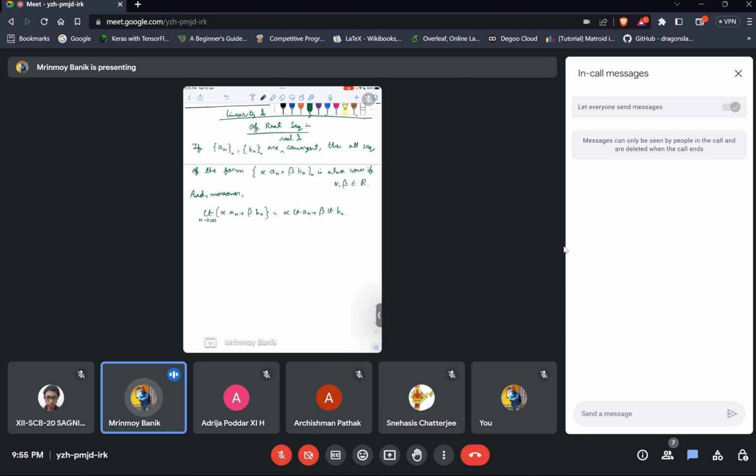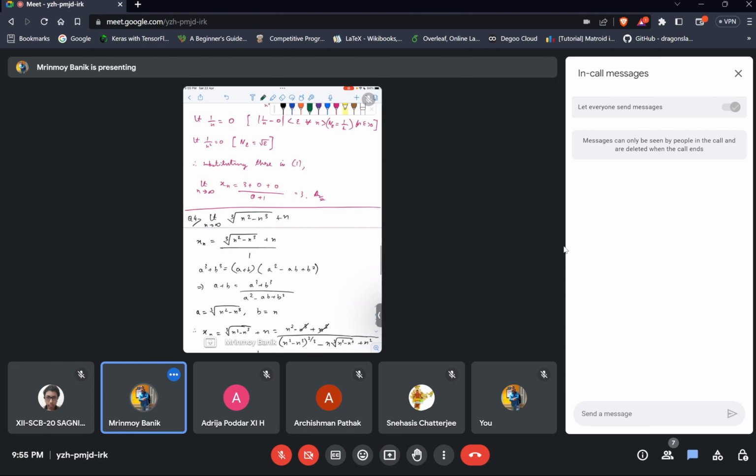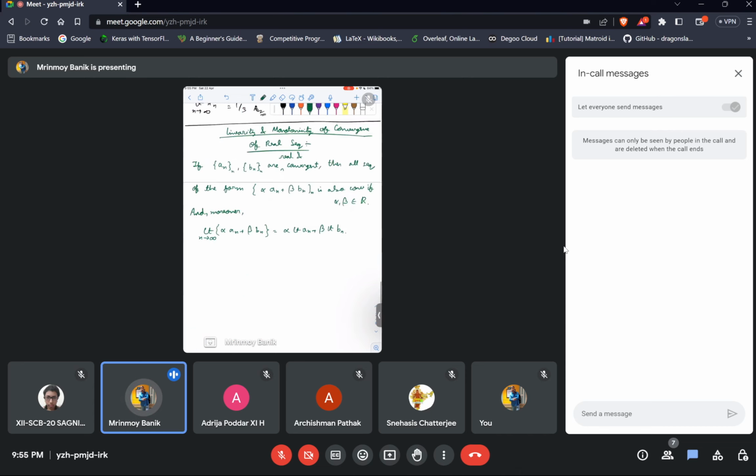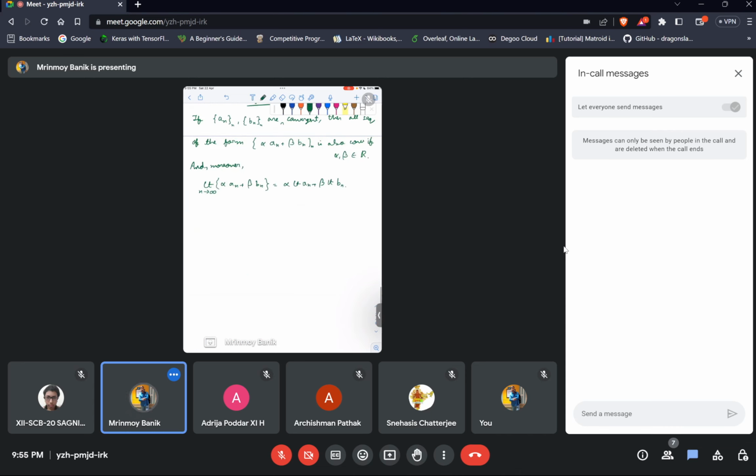Actually, we have already used this property up there when distributing the limits in the numerator and denominator. So it's nothing new. I won't go into the proof now.